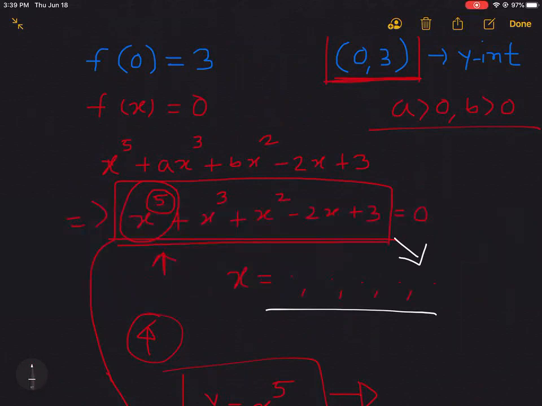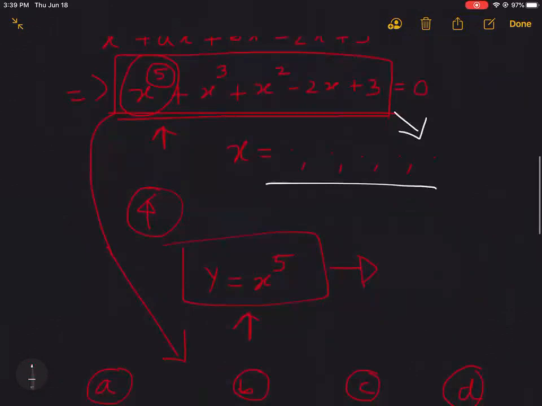But again, you can always try the solver. If you want, I can show that as well. I don't mind showing that. You can try the solver. And okay, are we just going to have to pick the graph out of 4 instead of graphing it ourselves?